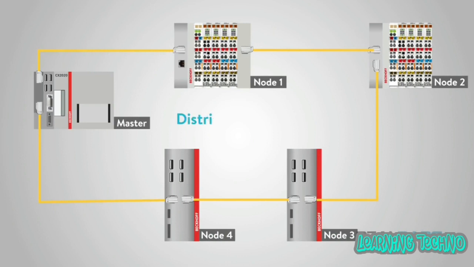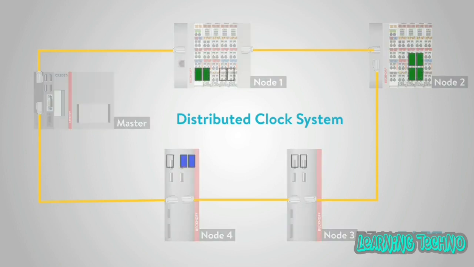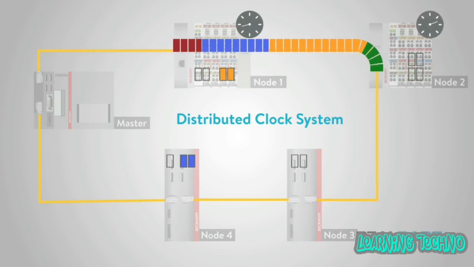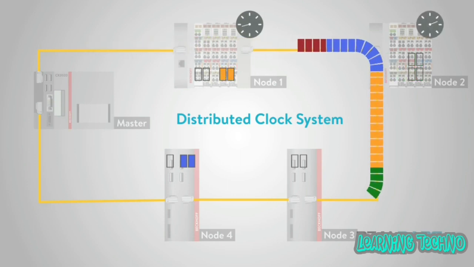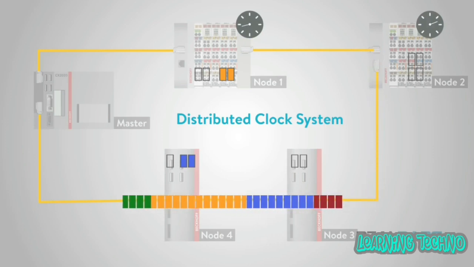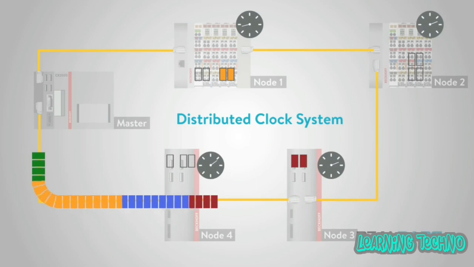EtherCAT also utilizes a distributed clock system. This method allows for low jitter without additional hardware, and it meets the synchronization importance desired in industrial automation. As the EtherCAT frame passes through each node, the node adds a received message timestamp to its data. Each node adds the timestamp as the message is received, and then each node again attaches a timestamp as the frame moves back through the nodes, on the way back to the master.